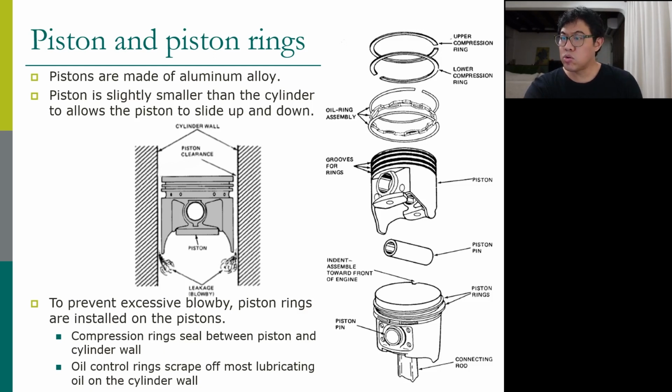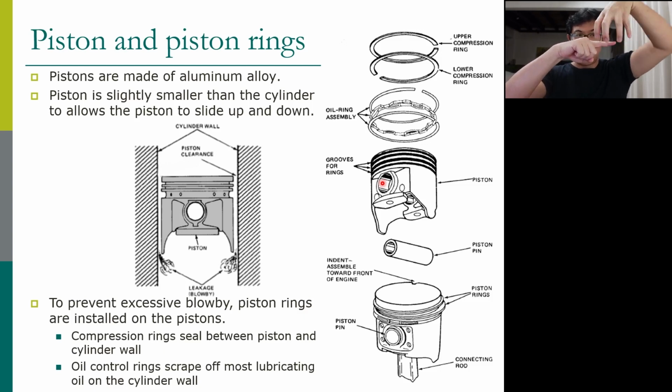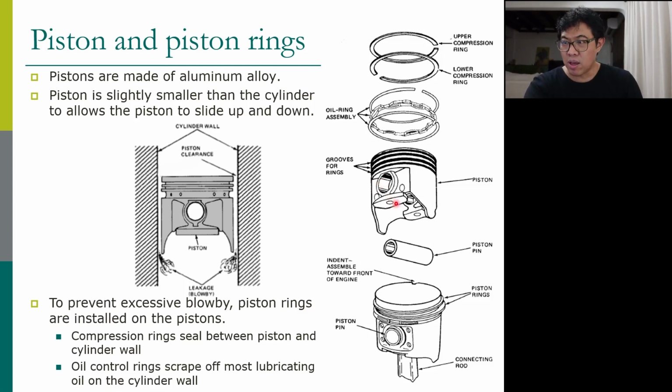Now, in order to convert the reciprocating up-and-down motion of the piston into rotary motion, the piston has to be installed with a piston pin. This piston pin goes into the piston pin hole, which means the piston is up here and the pin is there, so the piston can rock left and right, or forward and backward. This piston pin then connects to the connecting rod.